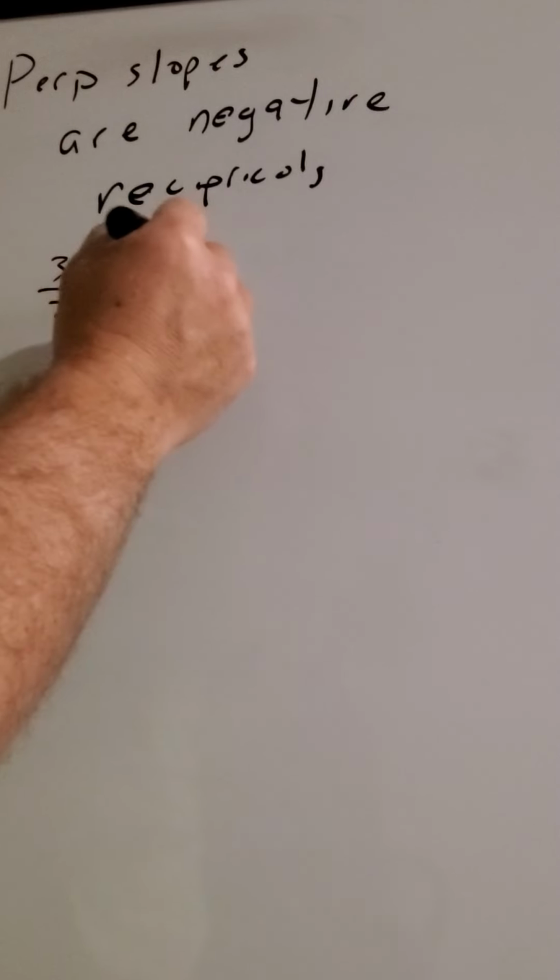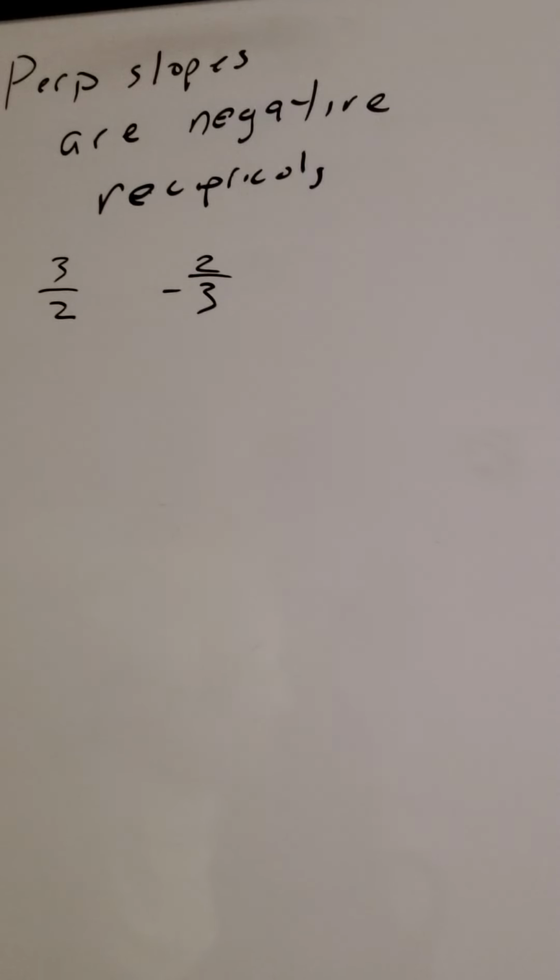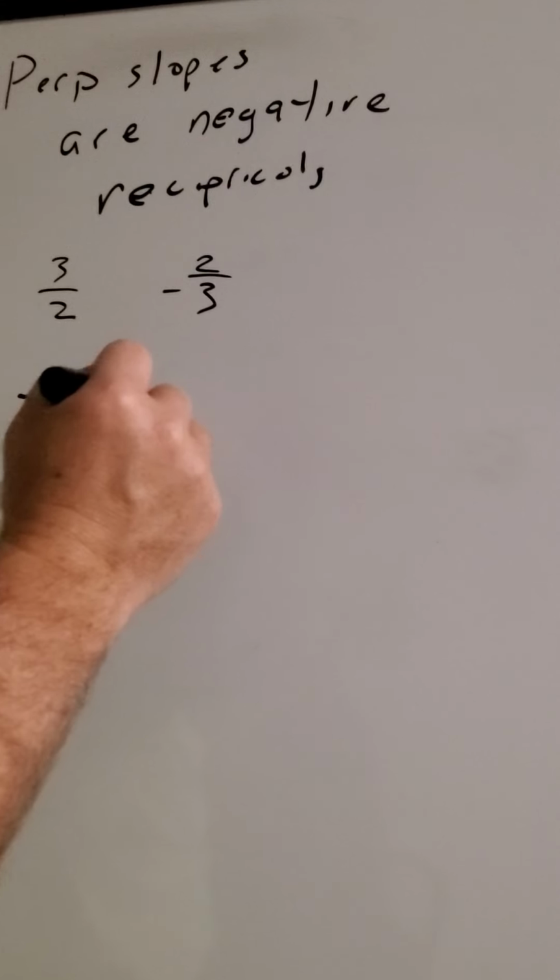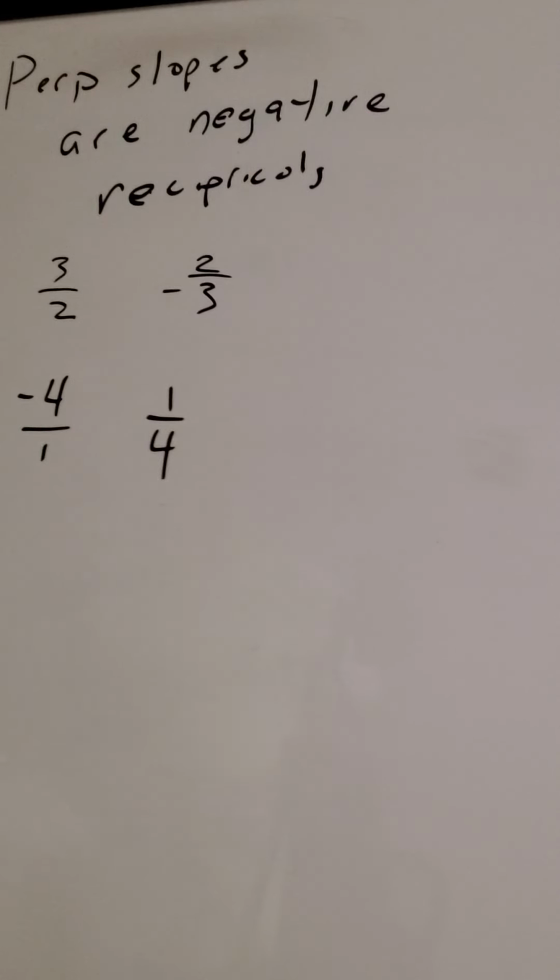So perpendicular slopes are negative reciprocals. Now that's important. If I told you one slope was 3/2, negative 2/3 is the negative reciprocal. If I told you one slope was negative 4, which you don't forget is 4/1, then the negative reciprocal would be positive 1/4.